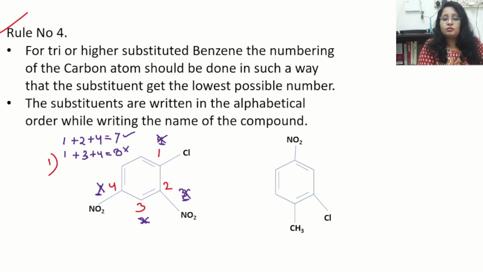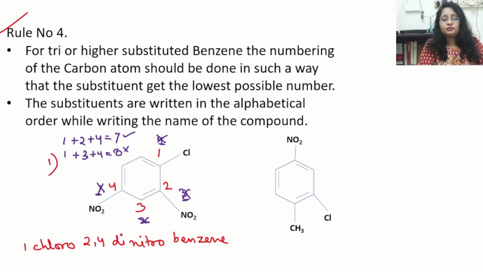We will mention chloro first. We will write 1 chloro, then 2,4 dinitro, then benzene.